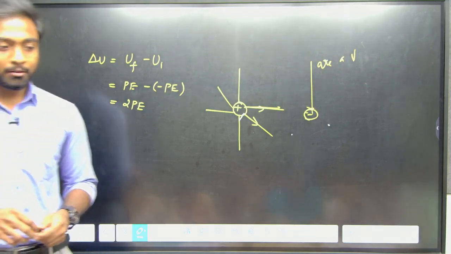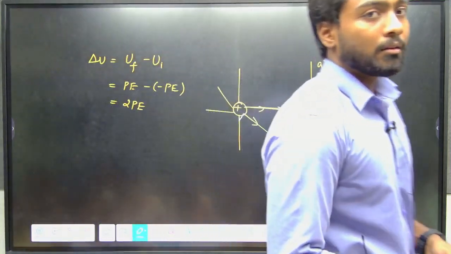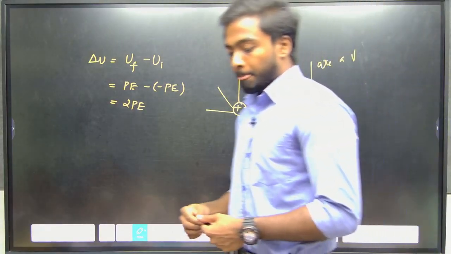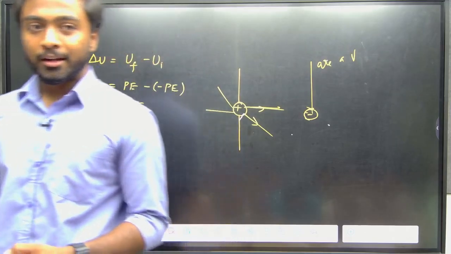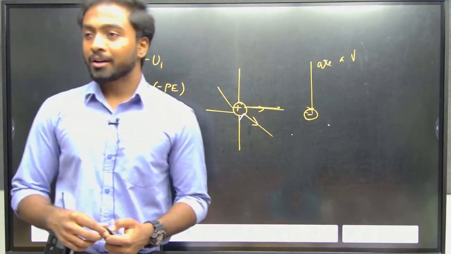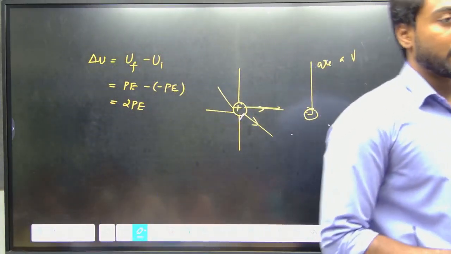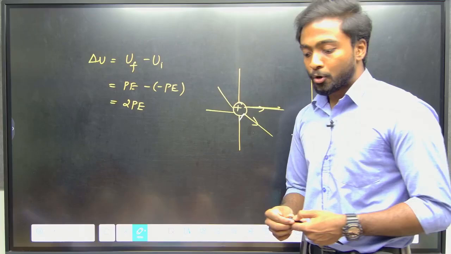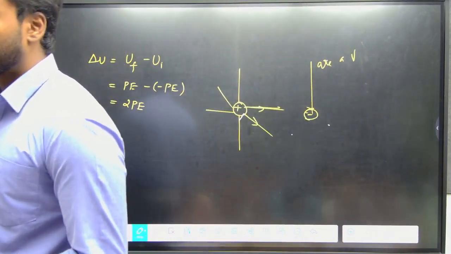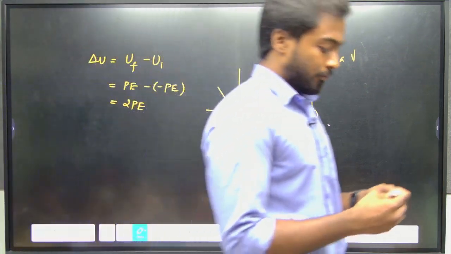the number of lines originating or terminating is directly proportional to the magnitude of charge.